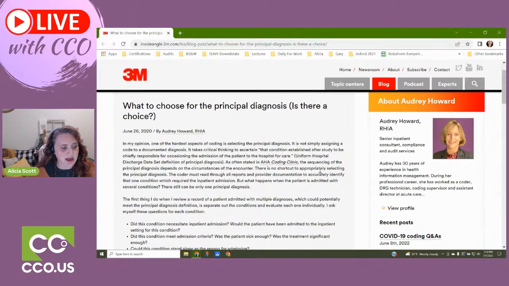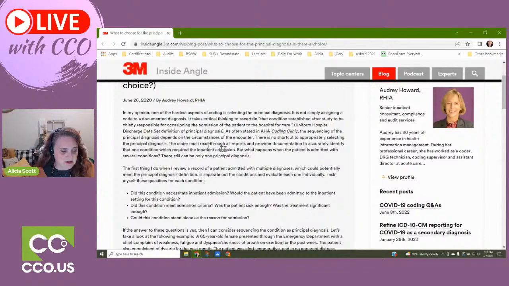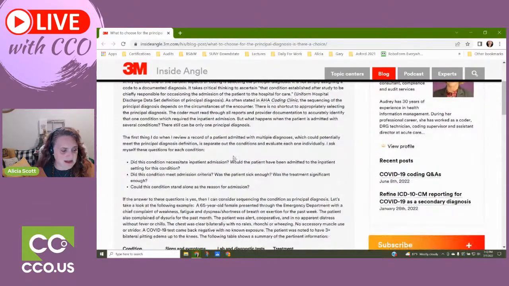She wrote this back in June of 2020, but it's still applicable for today. This is where I got her discussing that. Then she gives examples of how she determines what is going to be that diagnosis.